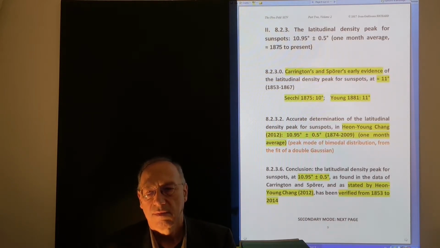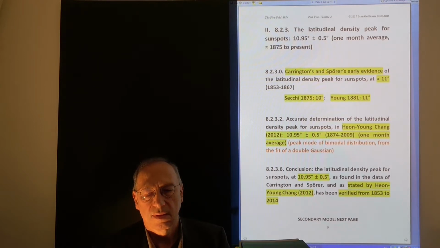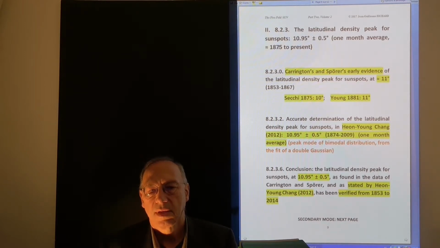This is the case of Young, the American astronomer and solar researcher. In his 1881 book, The Sun, Young wrote that the peak for the density of sunspots is at 11-degree latitude. Secchi, in 1875, in his book on the Sun, cited from the same body of data an estimate of 10 degrees. So why was this forgotten?